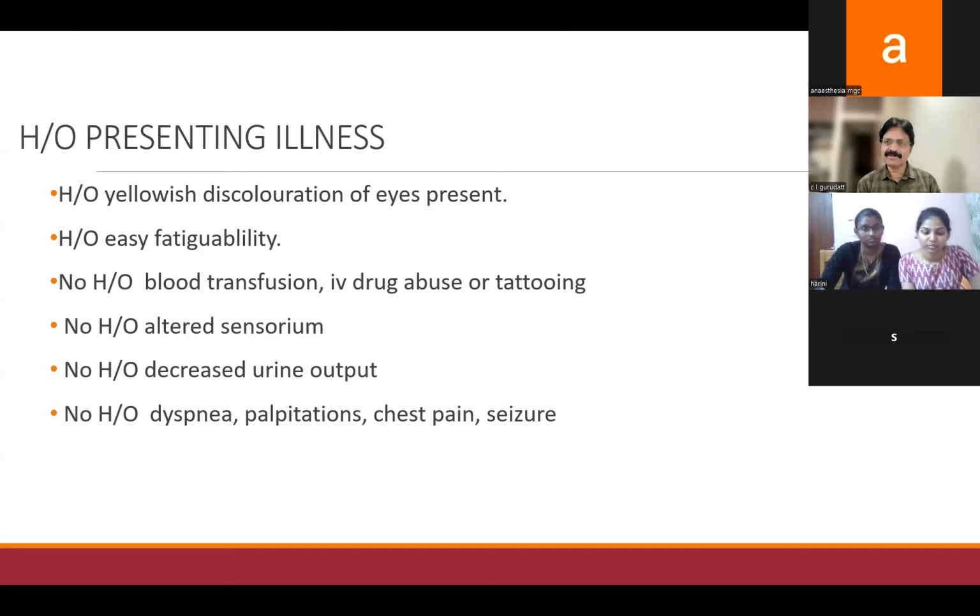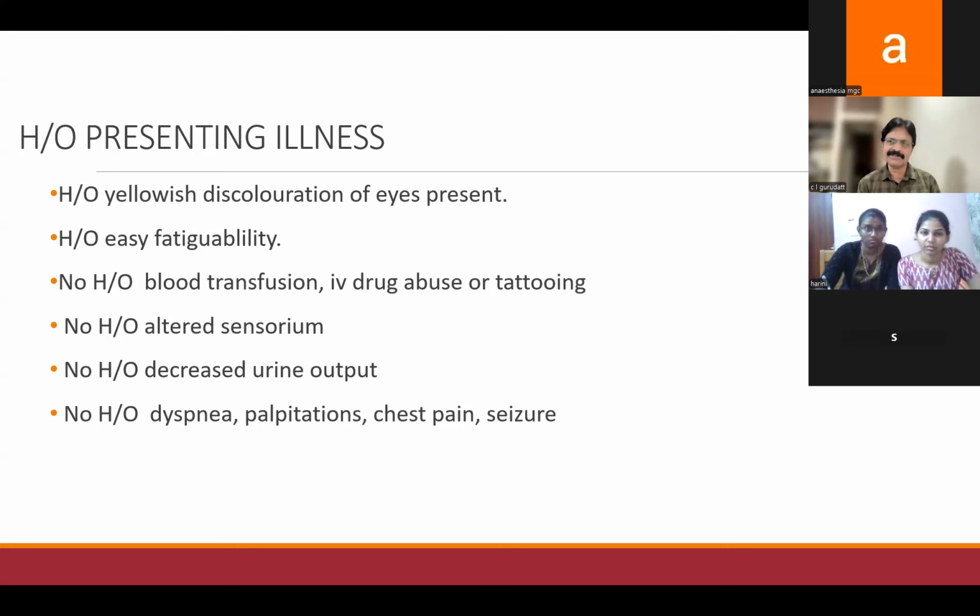So you can ask about any history of recent trauma, since how long the patient is having yellowish discoloration, and if there is a history of trauma or a fracture, definitely it can be the cause for the increased amount of bilirubin and jaundice.